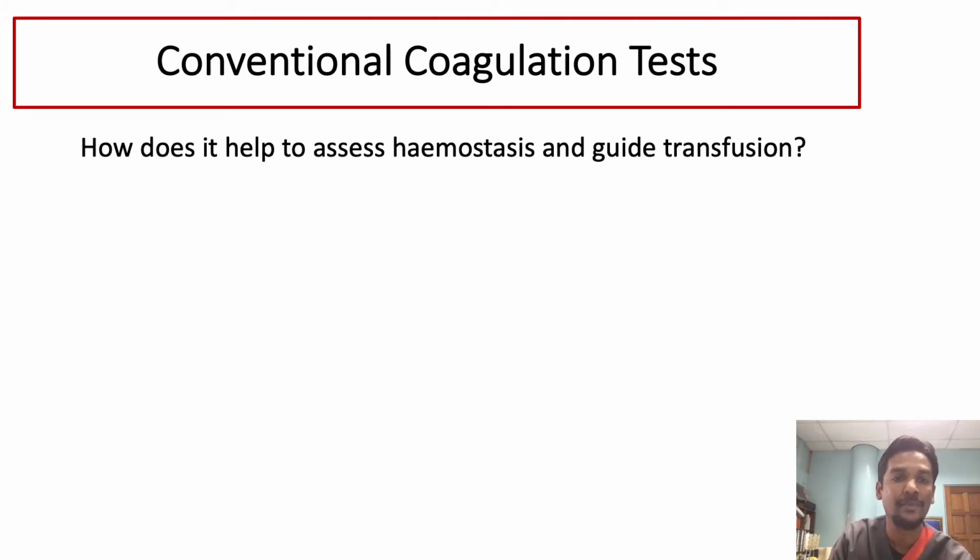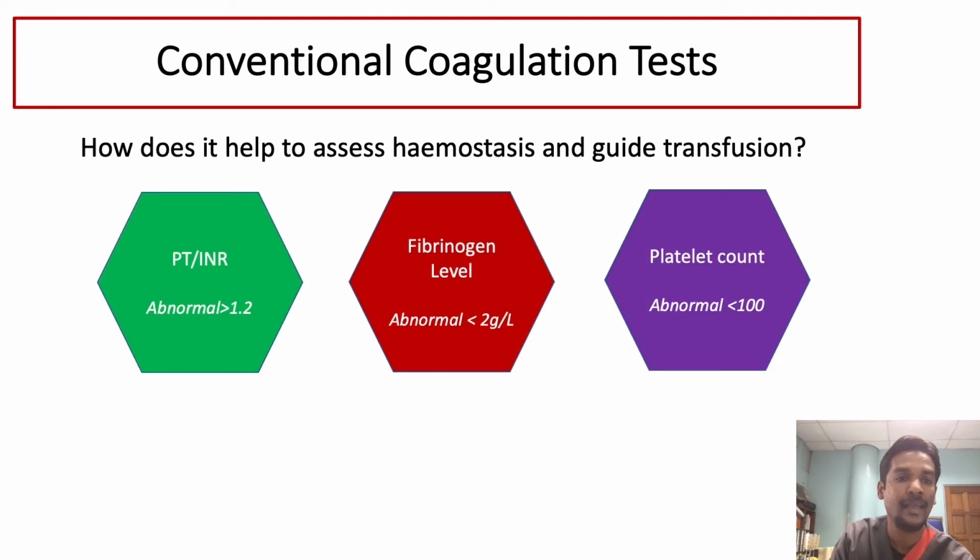How does it help to assess hemostasis and guide transfusion, and actually, what are they? They are the PT-INR, fibrinogen level, and also platelet count. INR value of more than 1.2 has been generally used to define trauma-induced coagulopathy.